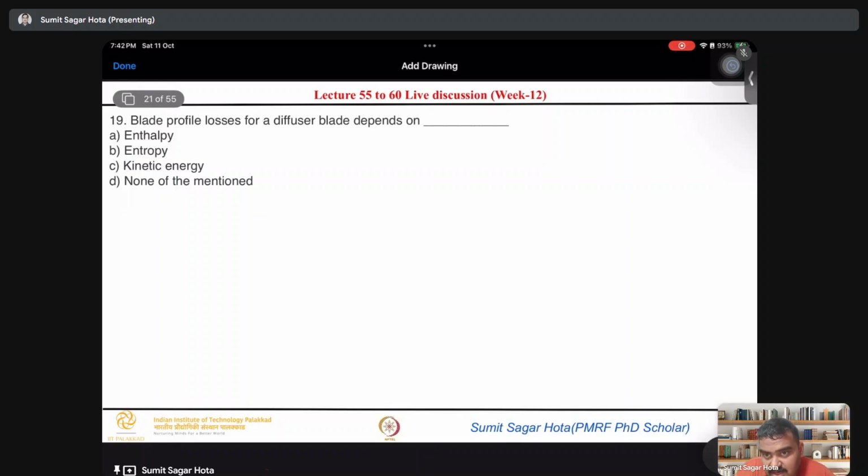The blade profile losses for a diffuser blade depends on dash. It depends on the kinetic energy.